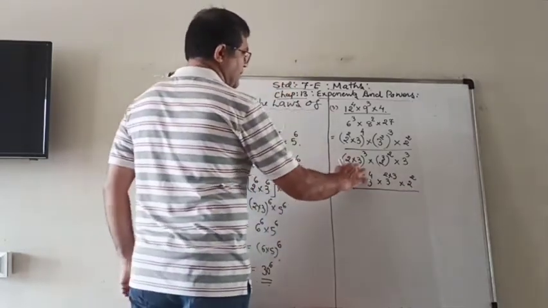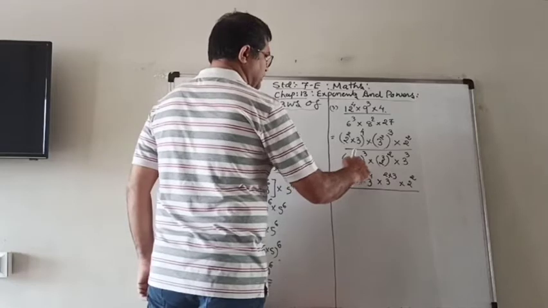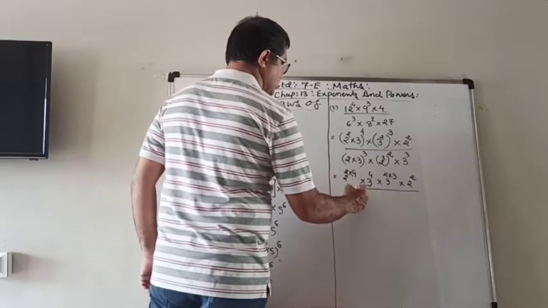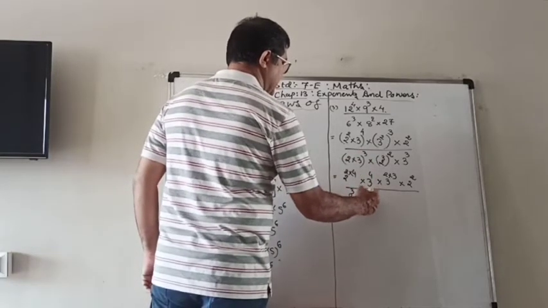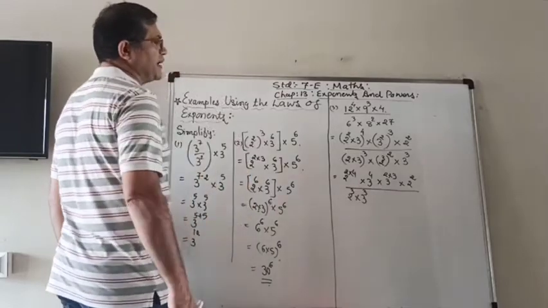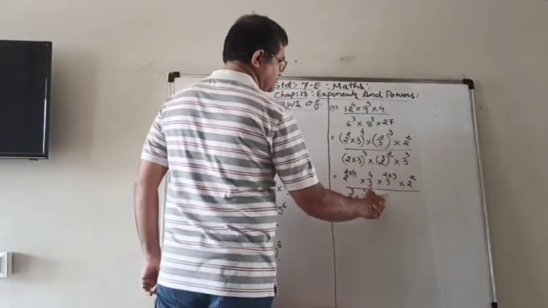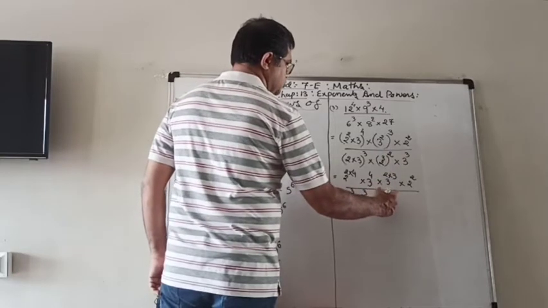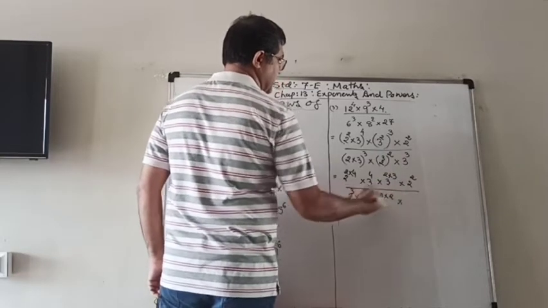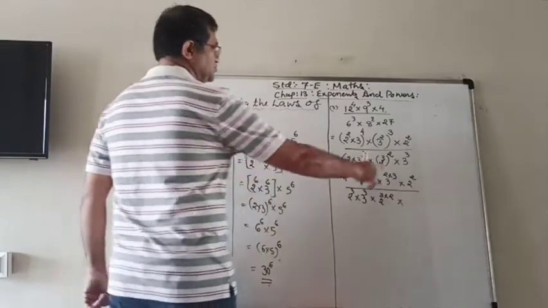Here also that Mummy Papa's rule. 2 multiplied by 3 cube means 2 raised to also 3 multiplied by 3 raised to also power 3. Here power of power, so multiplication, 2 raised to 3 multiplied by 2 and 3 cube.